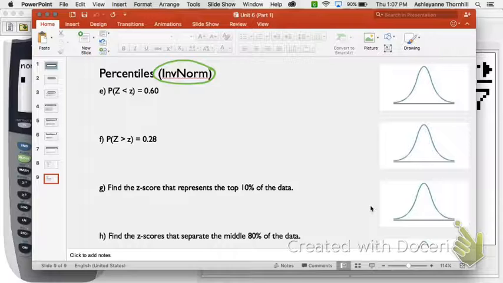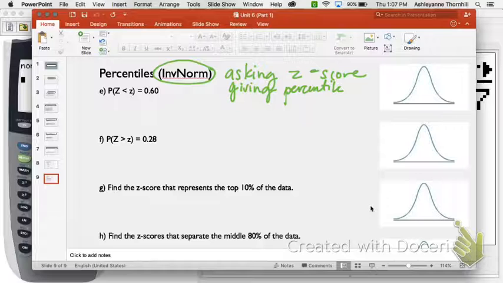Basically it's asking for a z-score and it's giving you the percentile or the area. There's two ways though that it could ask you that.